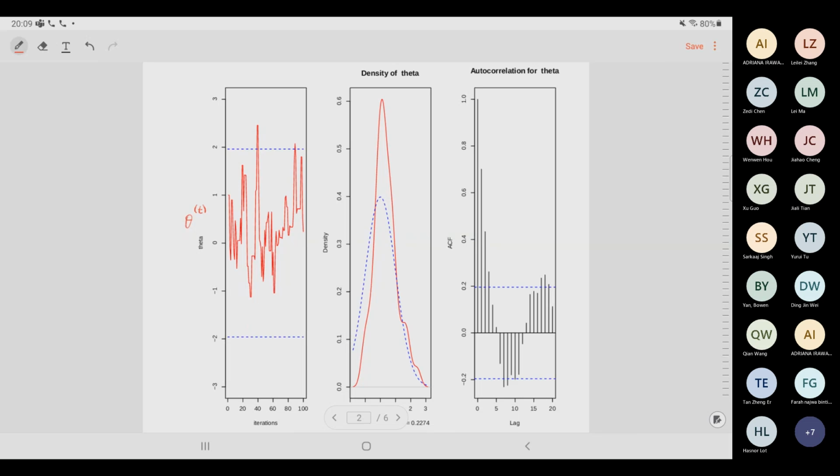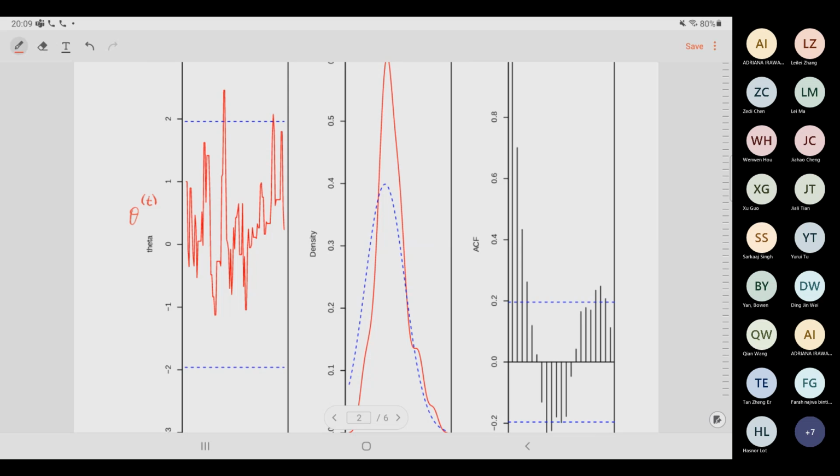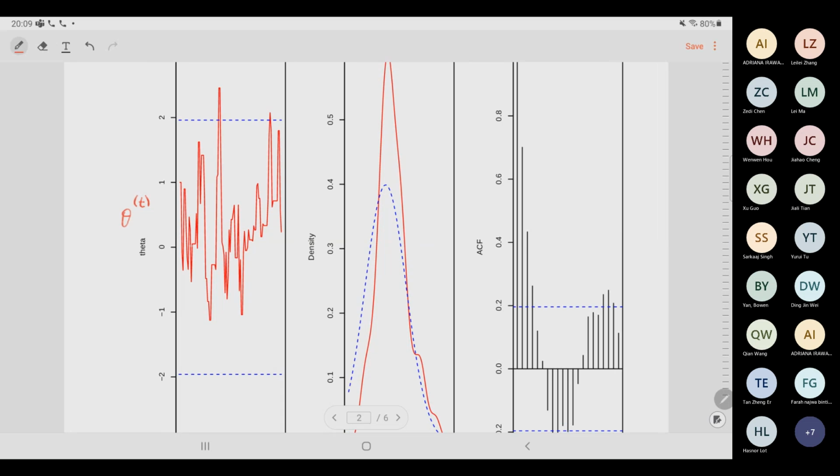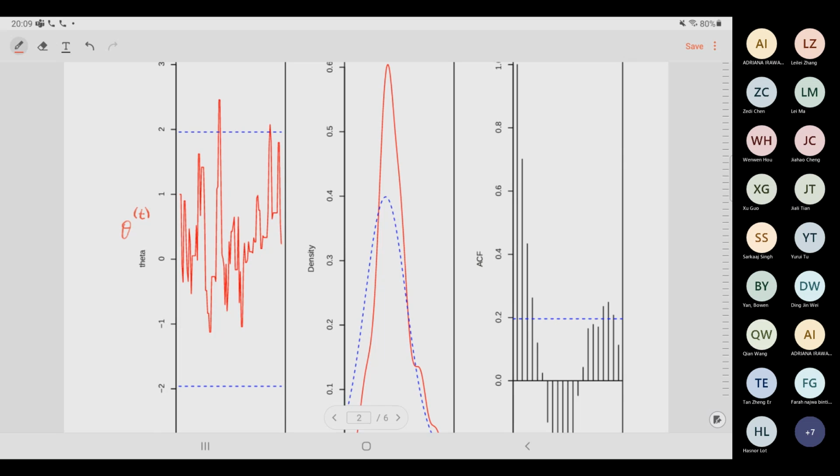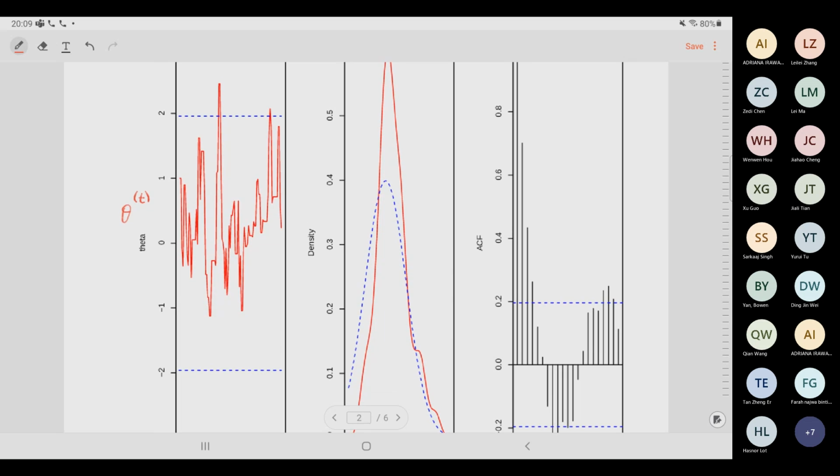Okay, so the first plot, you can see that, make it larger, all right, you can see that they are moving because remember, the target distribution is normal 0, 1. So you will expect that if you are two standard deviations away, it will be moving between 2 and minus 2.